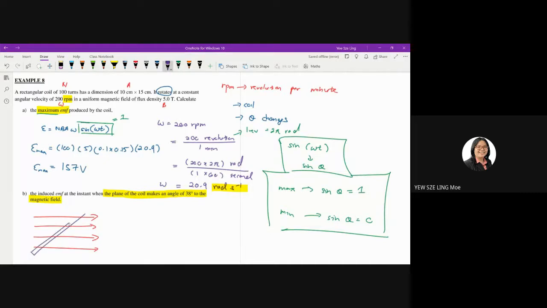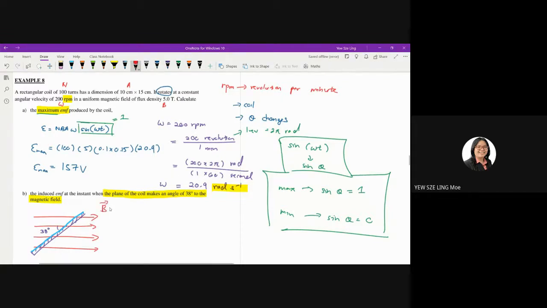According to the question, it tells you the plane. So where is the plane? This is the plane, and it makes an angle of 38 degrees with the magnetic field.